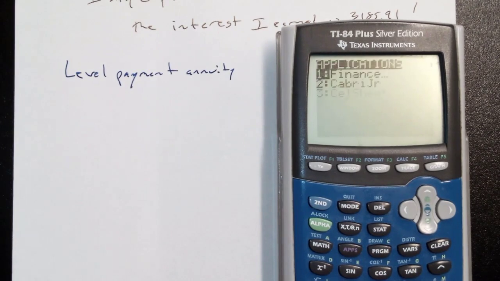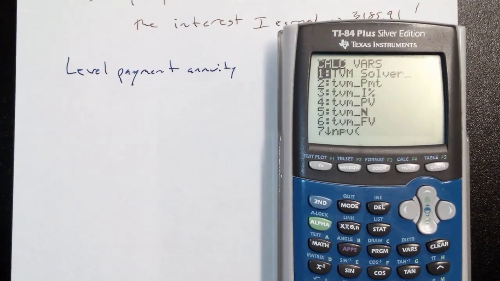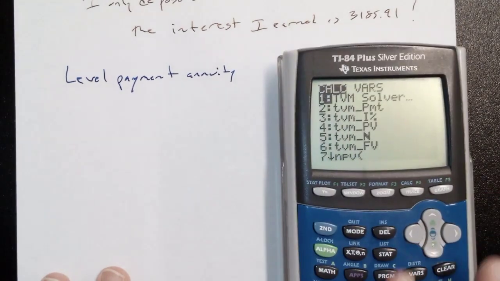If I hit apps, the very first application that shows up is labeled finance, which contains a TVM solver. TVM, I've heard that phrase before. What's TVM stand for? This was day one, 2.5 weeks ago. Bingo. The time value of money.